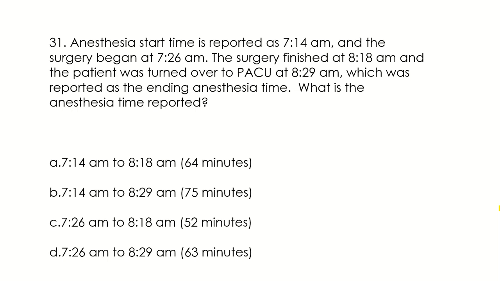Anesthesia start time is reported as 7:14 a.m. and the surgery began at 7:26 a.m. The surgery finished at 8:18 a.m. and the patient was turned over to PACU at 8:29 a.m., which was reported as the ending anesthesia time. What is the anesthesia time reported? And you've got 2.5 minutes starting now.